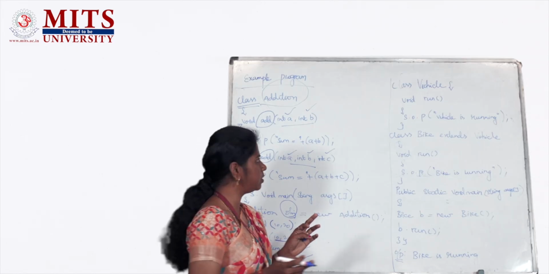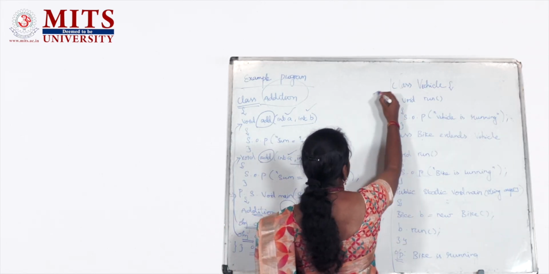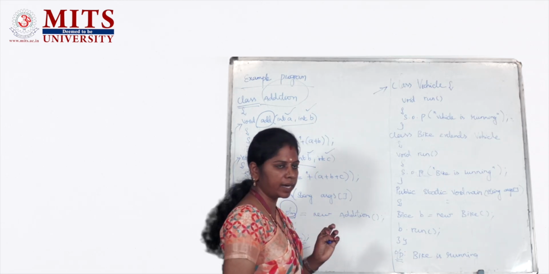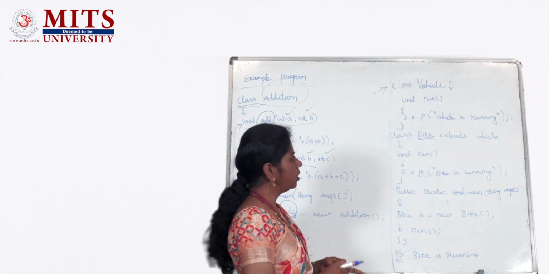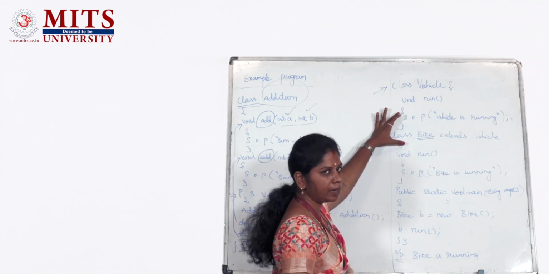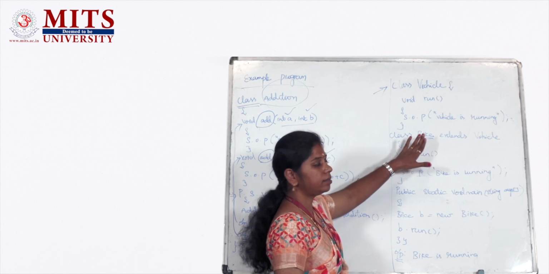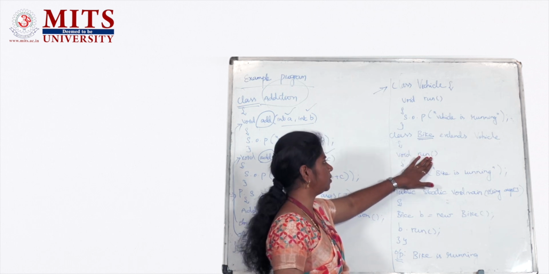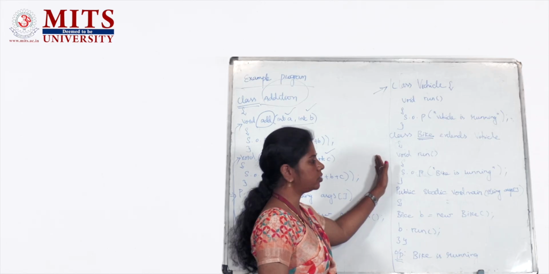Different classes means we should have a parent class and a child class. Just consider class Vehicle is a parent class and class Bike is a child class. So the parent class and child class have the same method name and same parameter list, but different classes. This is called method overriding.